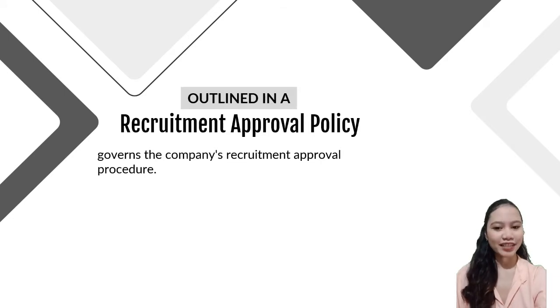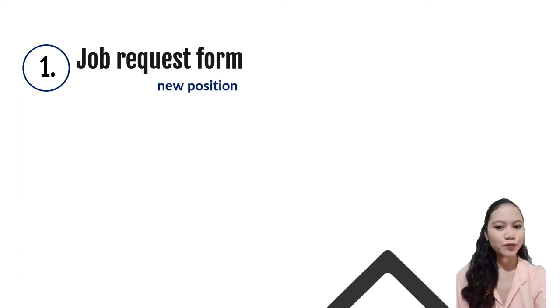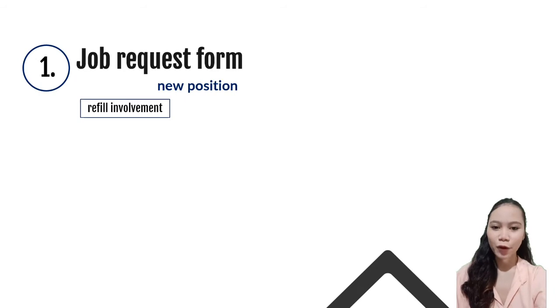According to the Society for Human Resource Management, SHRM 2021, approval processes have the following. First, the hiring manager accesses the business intranet and downloads the job request form, filling out all relevant parts based on whether it was a new position, a refill, or a temporary post.